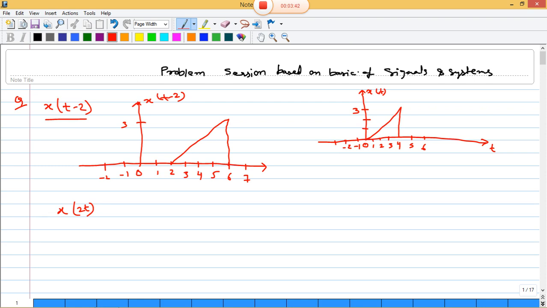Compression: if any number multiplies t, then it is called compression. If t is divided by some number, then it is expansion. So here multiplication is there, so our signal will compress. So 0, 1, 2, 3. So it will start from 0 and end at 2, and the magnitude will be the same as before.